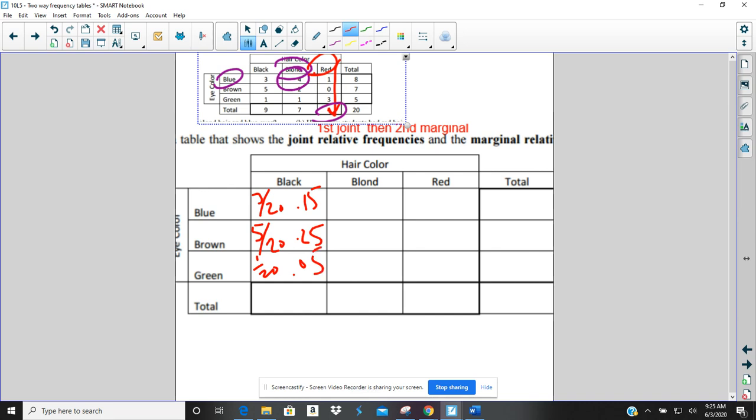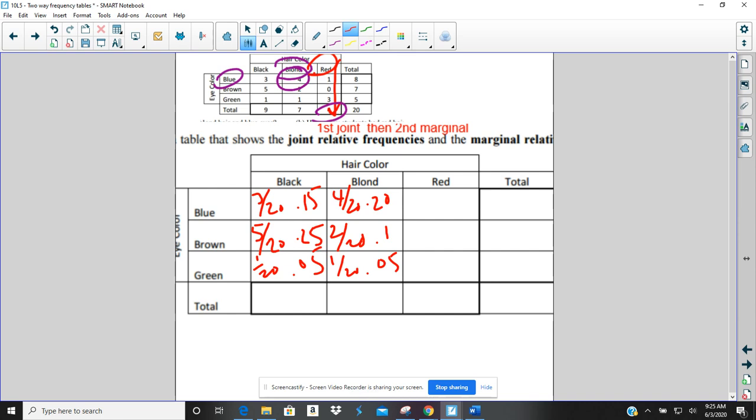We might as well do all the joints first. So go ahead and keep on going along. The next one was 4 divided by 20. 4 divided by 20 is 1/5, which is 0.20. 2 divided by 20 is 0.1. And again, 1 divided by 20 is 0.05.